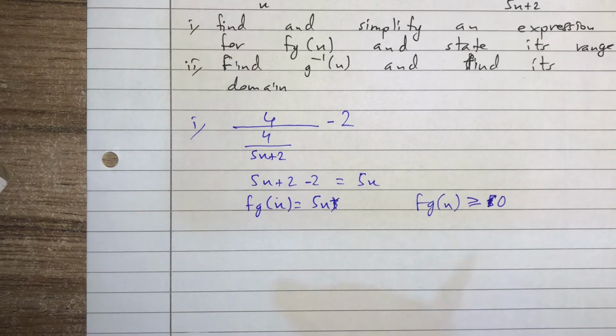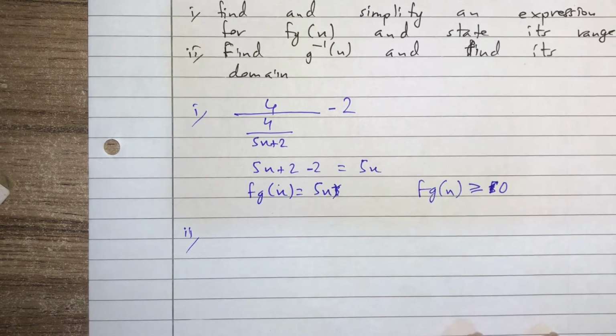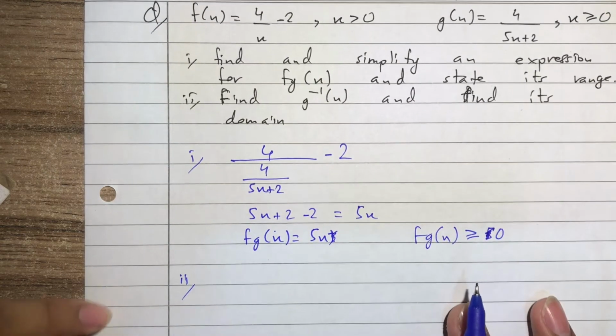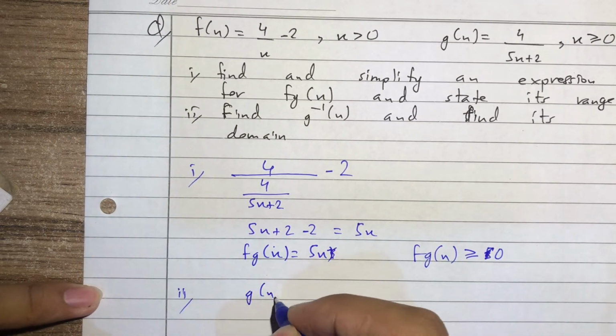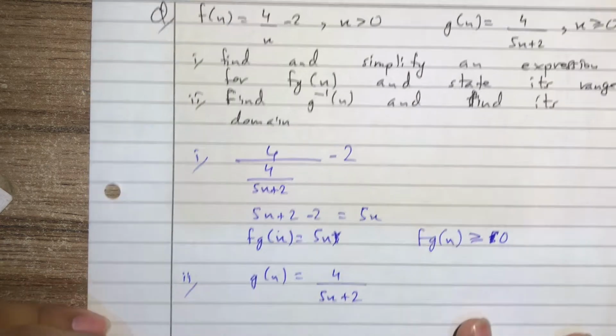Now the second part, find g inverse x and find its domain. So firstly, gx is 4 upon 5x plus 2.